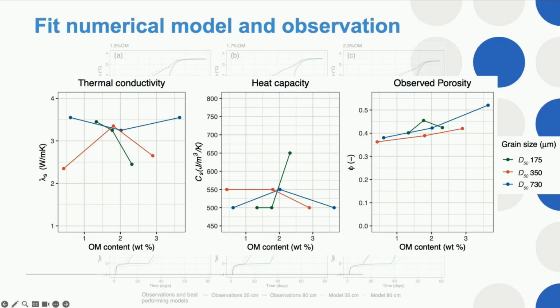But for thermal conductivity and heat capacity, it proved quite difficult to use a numerical model to really determine the influence of organic matter. But that's also because heat capacity is a quite insensitive parameter to estimate, so the range is quite narrow.